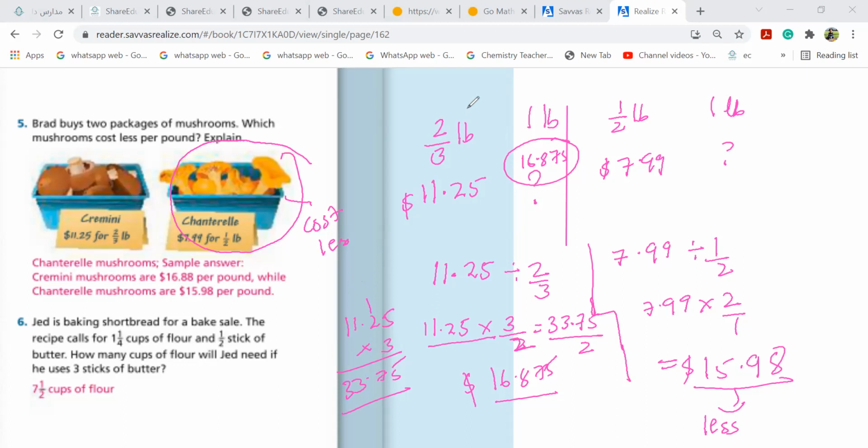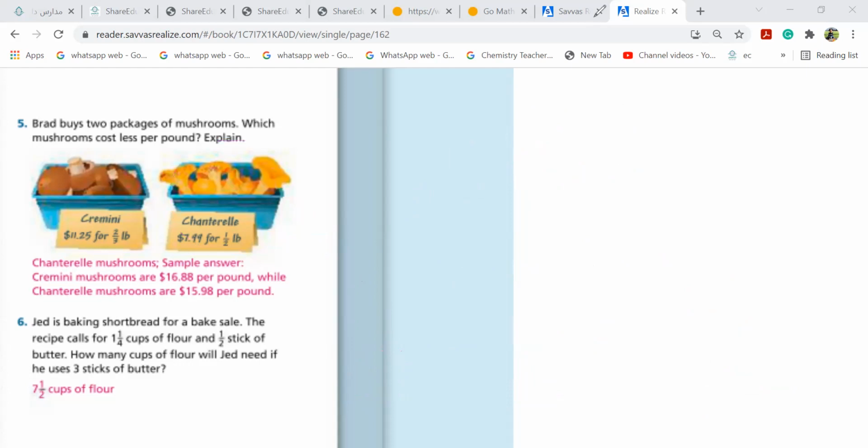Can I erase this, girls? One minute, Miss, I'm doing the last one. My girls here are faster than me. I'm done. Mela, can I? Yes, Miss.